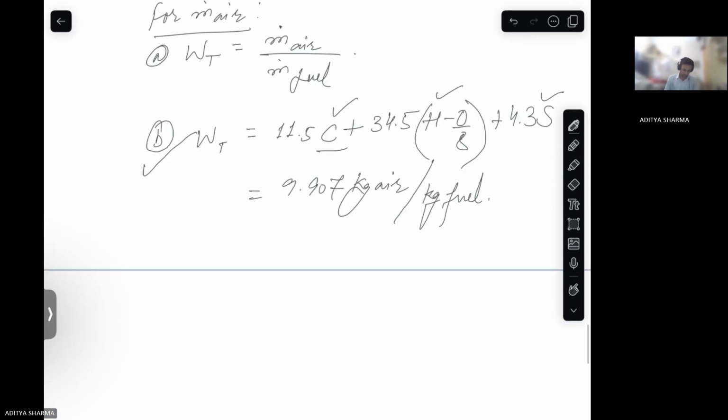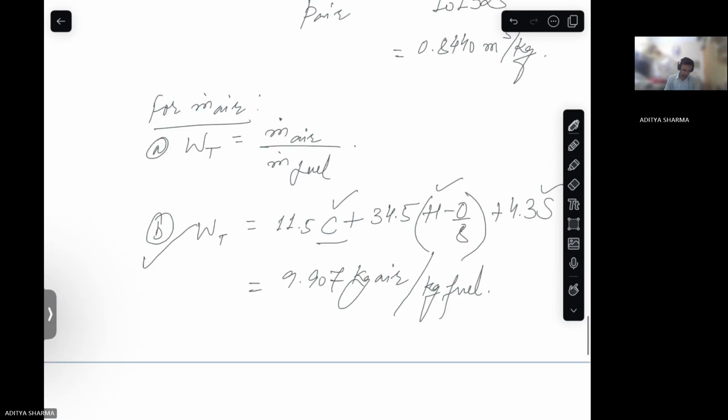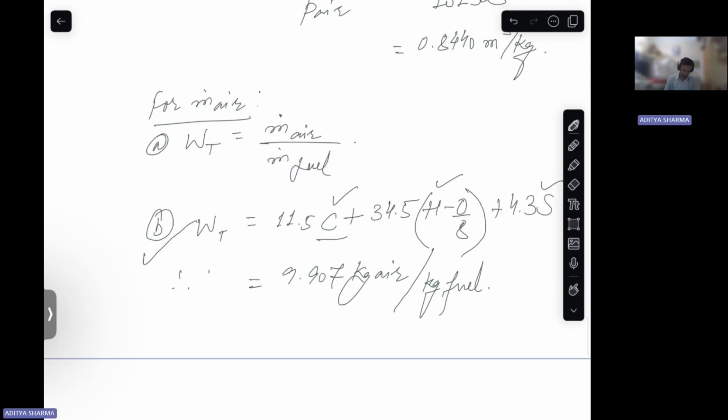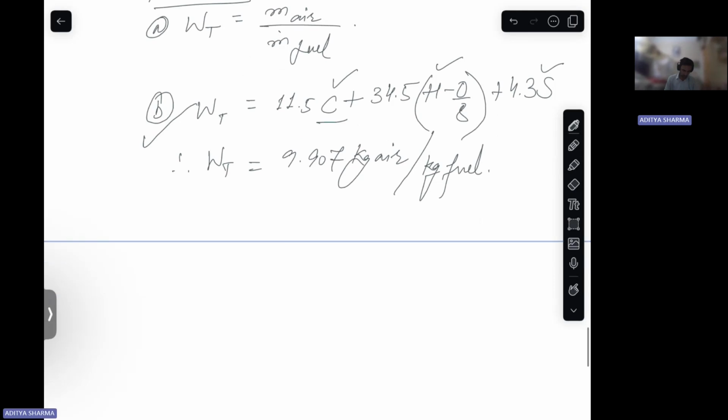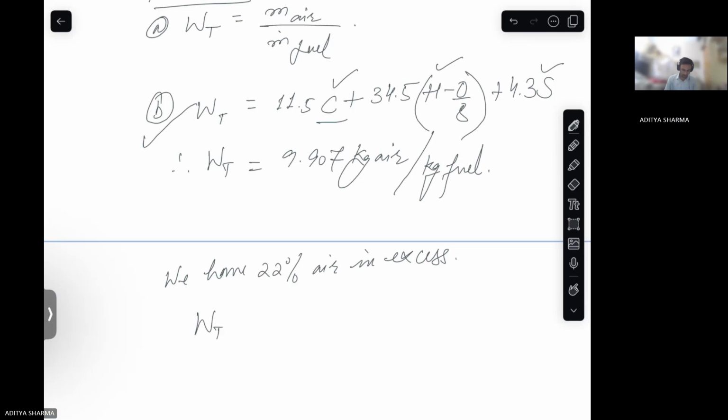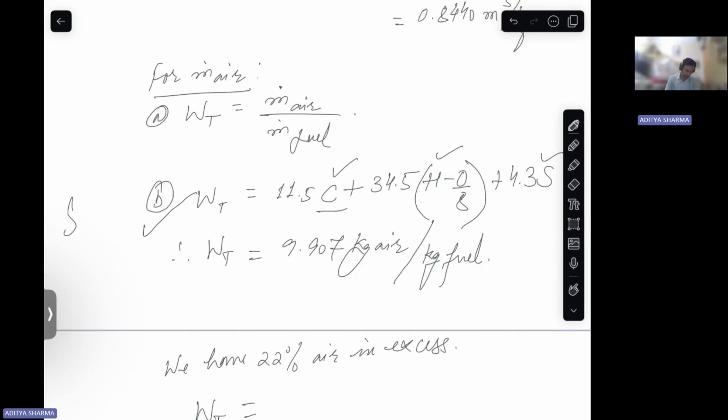And now we know that we have 22% air in excess, right? So in that case, this is stoichiometric, okay?